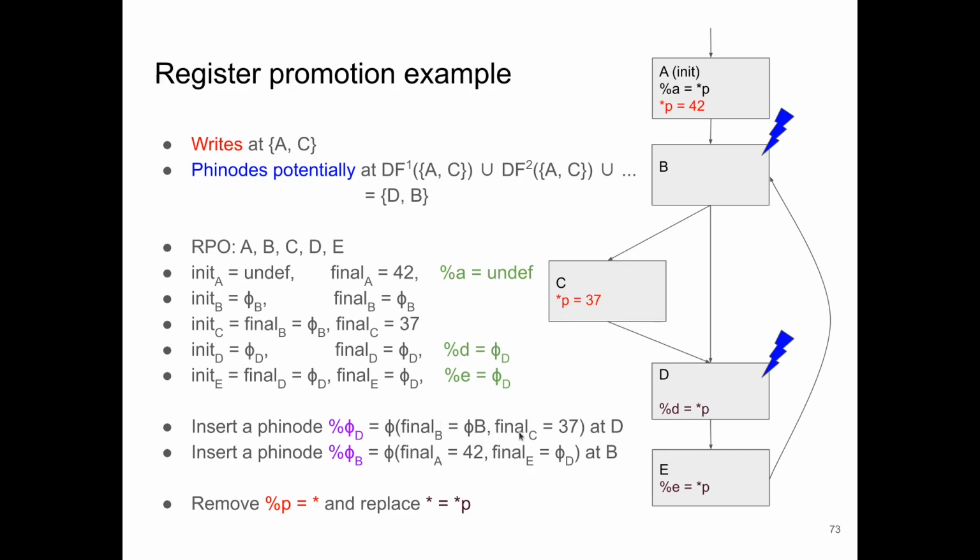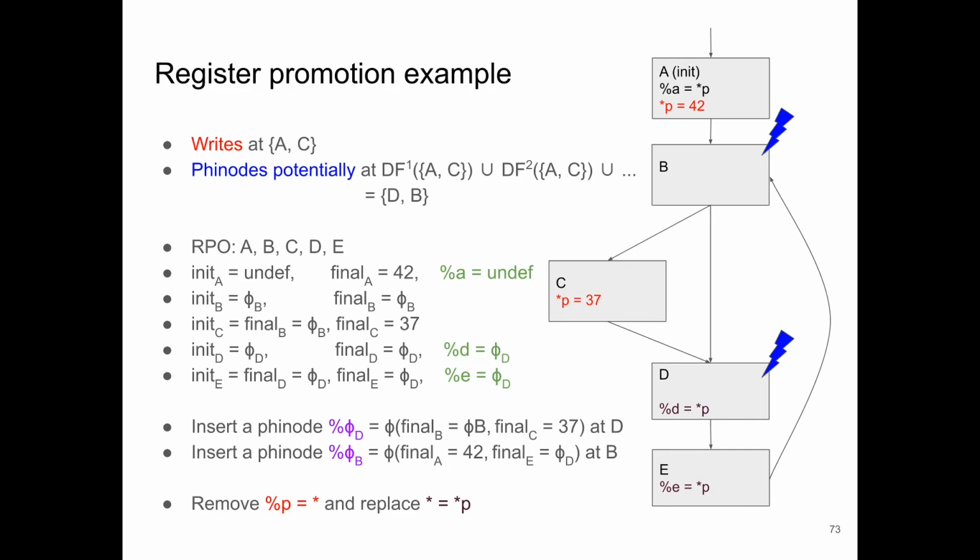It should be instantiated with the final values from the predecessors B or C. And let's look at what are the final values at the blocks B and C. So final B is phi node B, so it should be a phi node B here. And final C is 37, so we are going to insert a 37 here. So all in all, the ampersand phi node D should be either phi node value of B if the control flows from B to D, or it is 37 if the control flows from C to D.